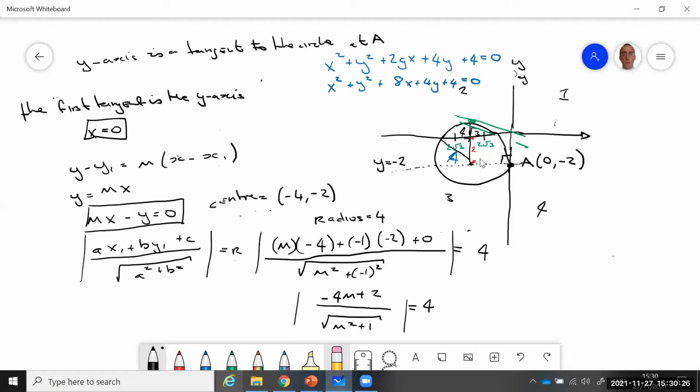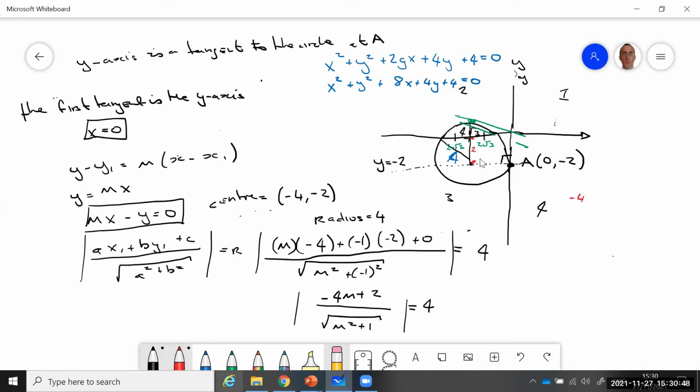So what I could do is maybe change the color here, just to bring it up here. We could square both sides to get rid of the square root sign underneath the line.